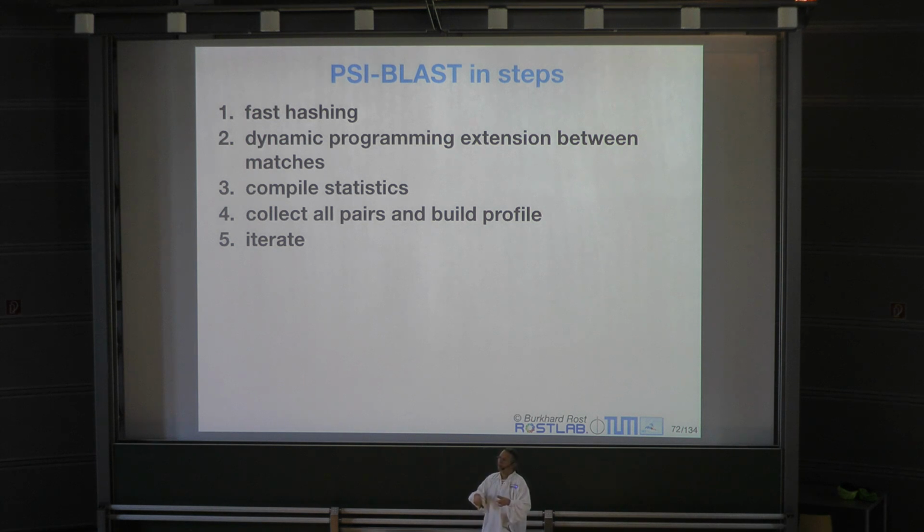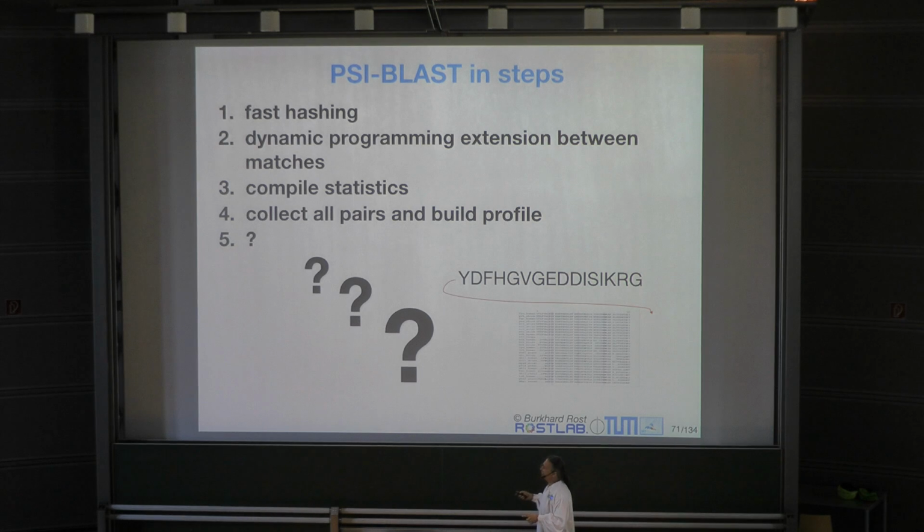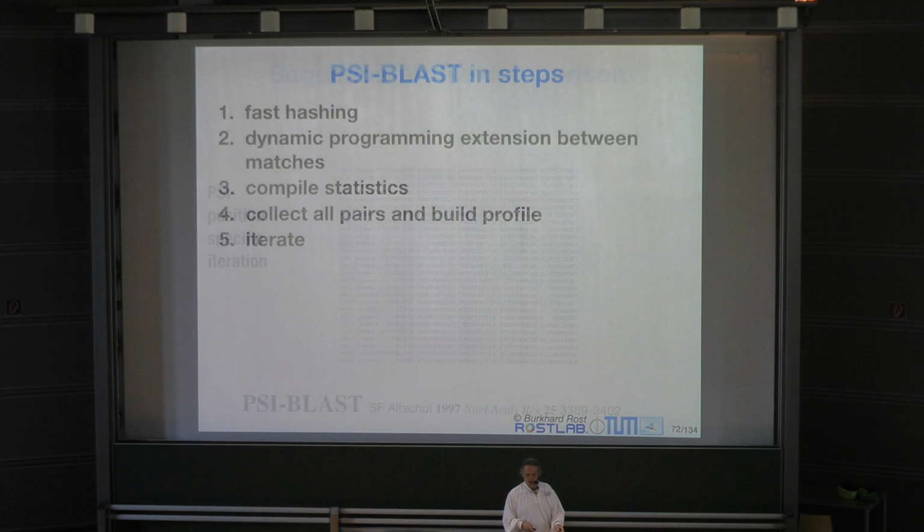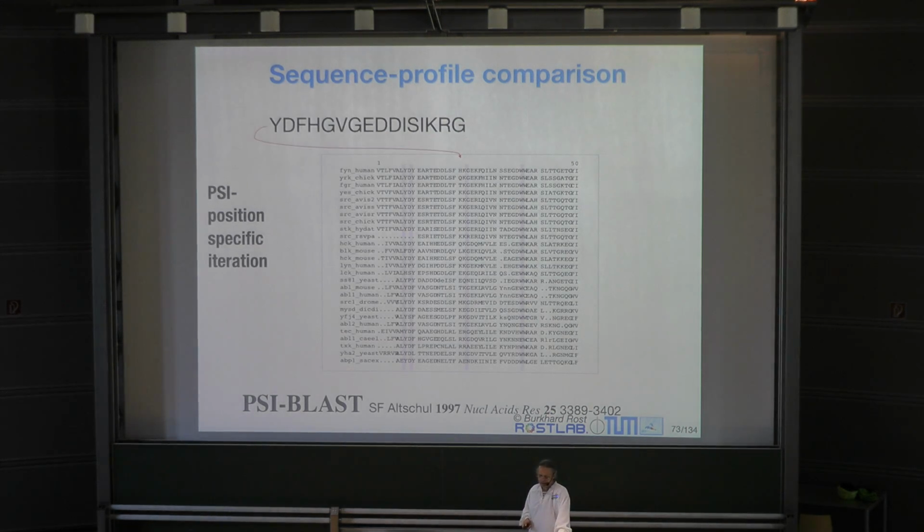We get below 9, because now we know in the profile that particular positions have to be conserved. And this is no longer the sum is 9, but at that position you have to be conserved, all right? And then you can let go of other things. This is ultimately the idea of PSI-BLAST.